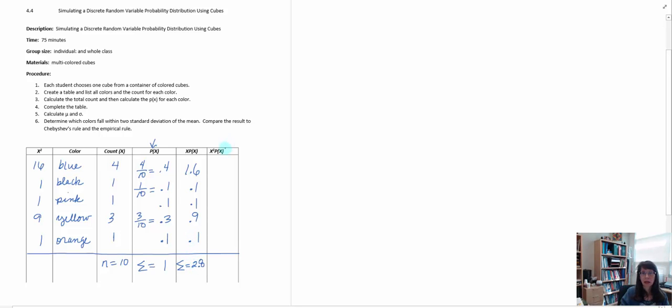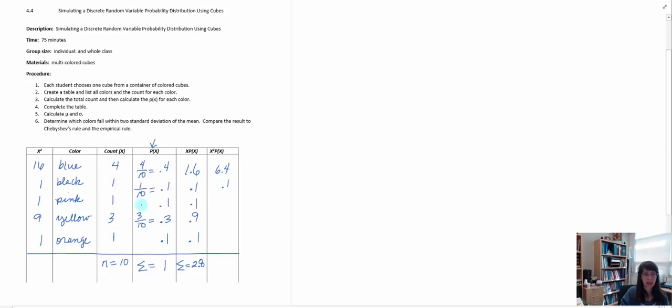And for the last column in the table, we're taking our x squared value and multiplying by the probability of x. So x squared is 16, and that's multiplied by 0.4. That gives us 6.4. Next, we have 1 multiplied by the probability of 0.1, which gives us 0.1.